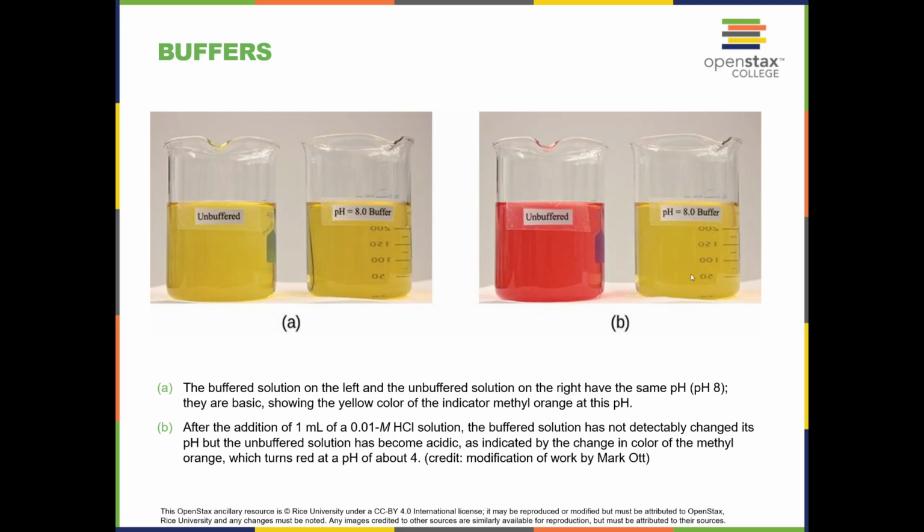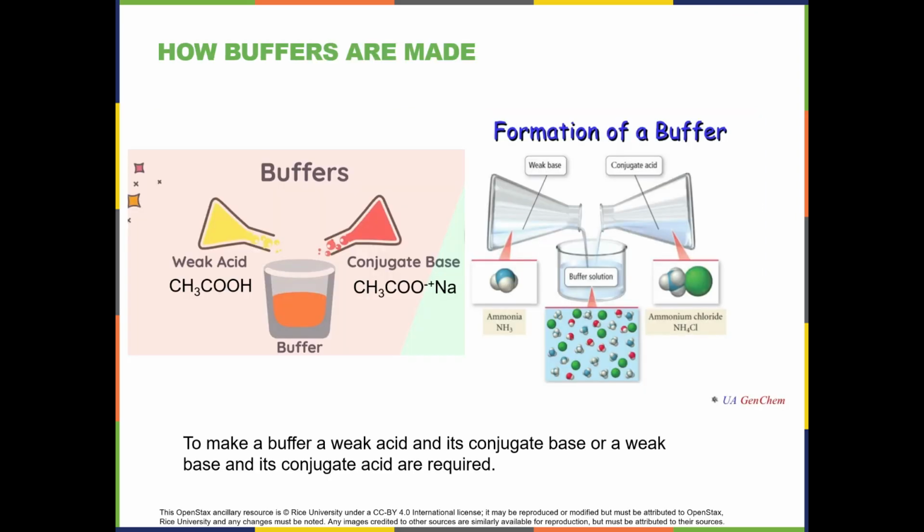Buffers don't resist changes in pH if large amounts of acids and bases are added. So that's something else we're going to talk about here. But what's interesting for now is, how is it possible that we could have a solution that resists changes in pH whether an acid is added or a base is added? They must have species in there that can react with both acids and bases. So what we want to talk about next is, well, how exactly do they do that?